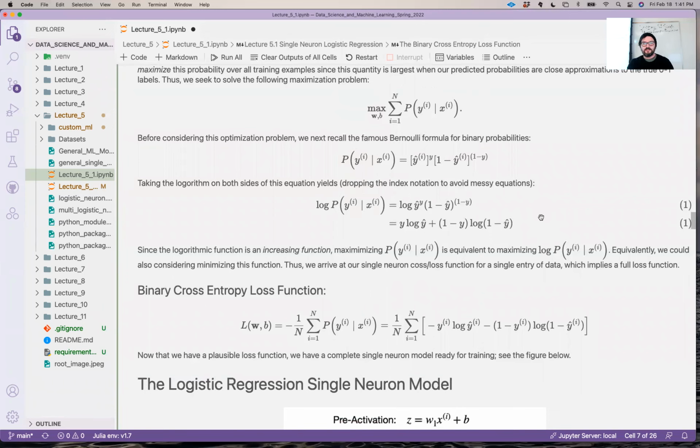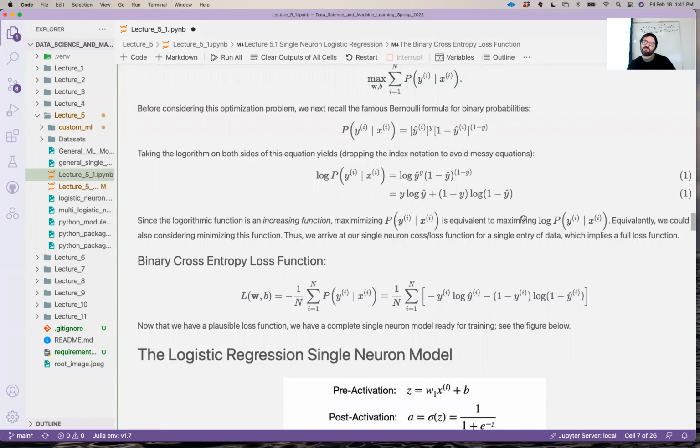Okay. So we originally wanted to maximize the sum of these probabilities, right? But now we have log of these things. Well, because the log function is increasing, maximizing the original function is equivalent to maximizing the log of that function.